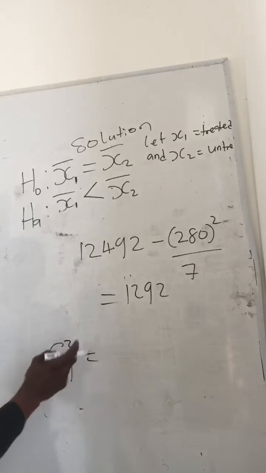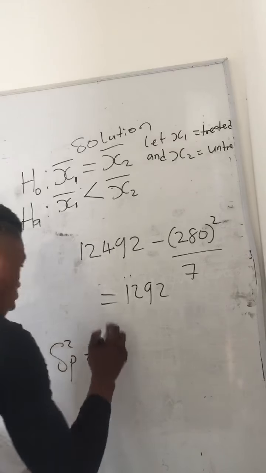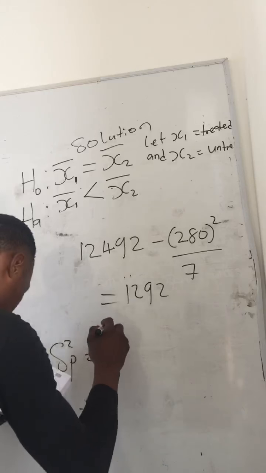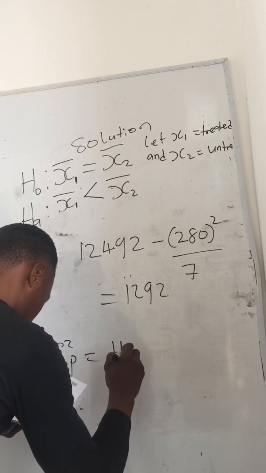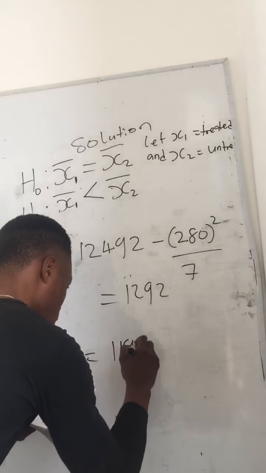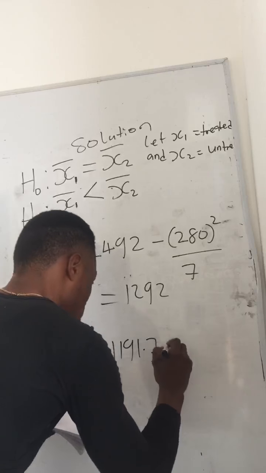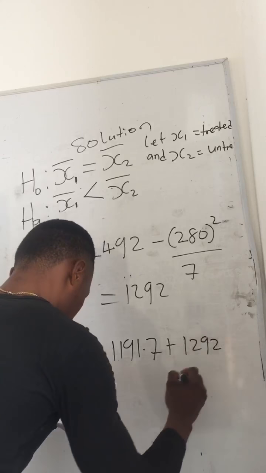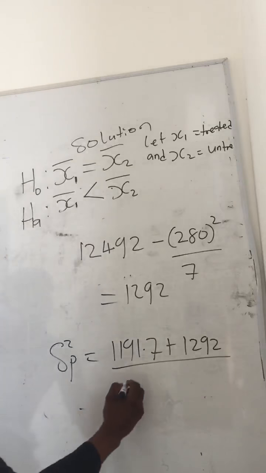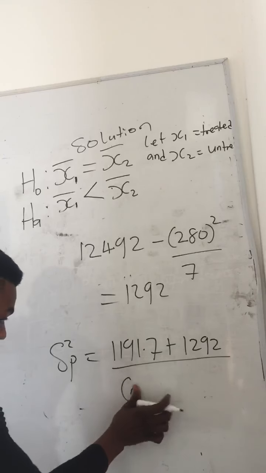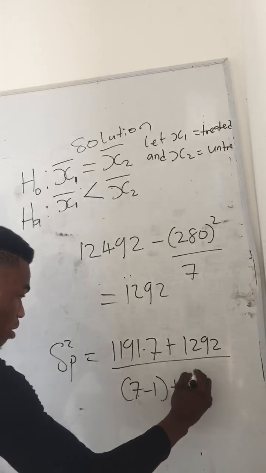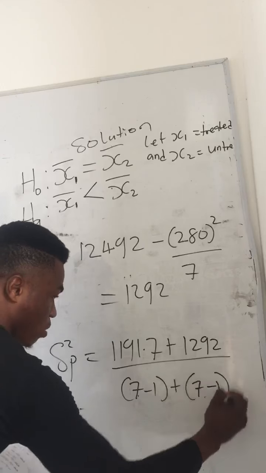Remember, s squared represents variance and p represents pooled. Our pooled variance is equal to 1191.71 plus 1292, divided by n minus 1, that's 7 minus 1, plus 7 minus 1.